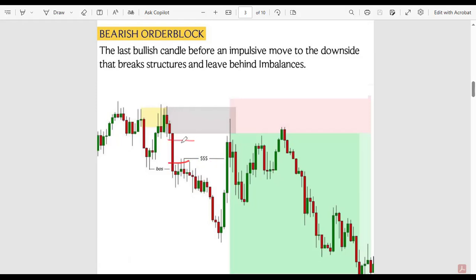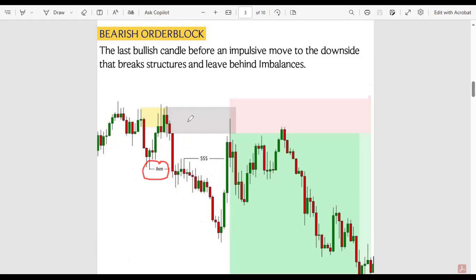You can see we had this fair value gap above this inducement level, and above the fair value gap, we had this order block, and this is our impulsive leg to the downside that created what? That created break of structure, as you can see here.